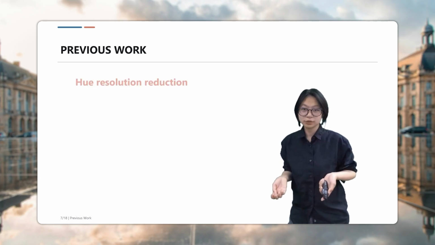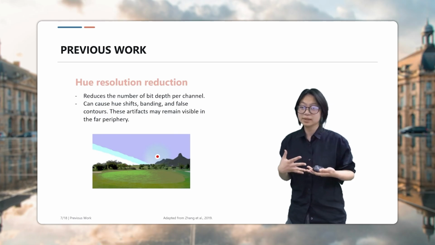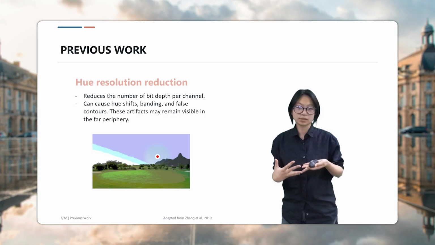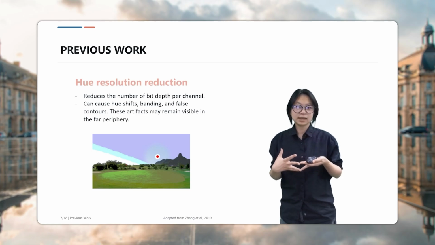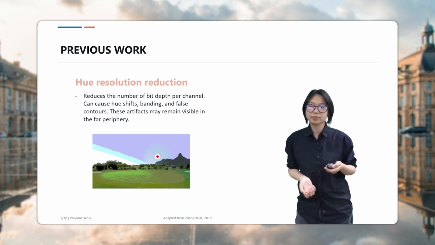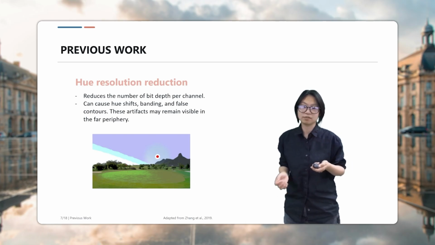For hue resolution reduction, previous studies have done this by reducing the bit depth for each channel, either in RGB or LAB color space. This can cause hue shifts, banding, and false contours, as you can see here very obviously in the sky. These artifacts are still very visible, even in the very far periphery.